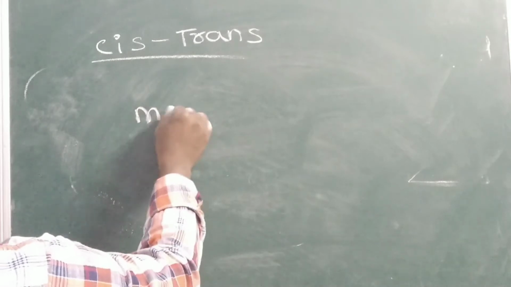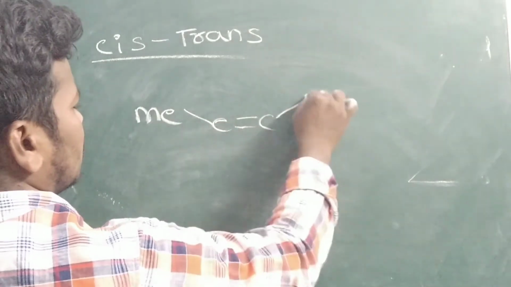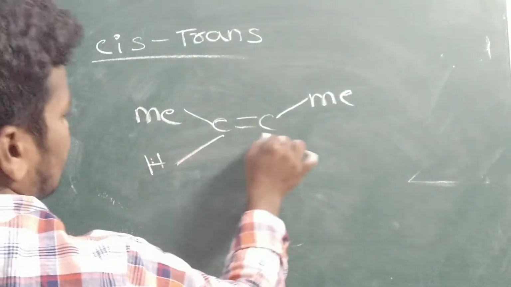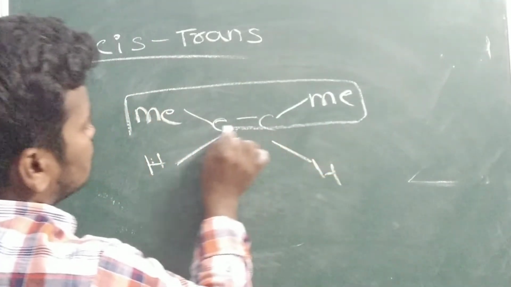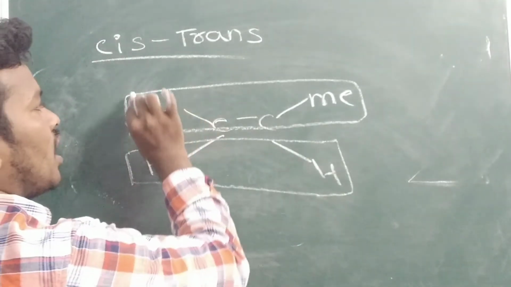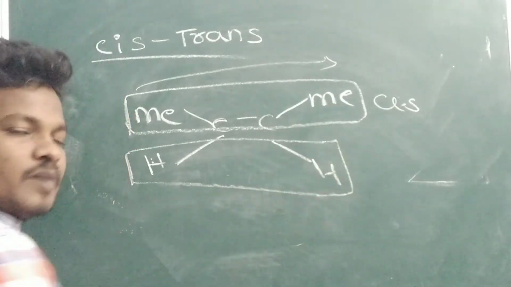So you can see methyl, carbon to carbon, methyl. Any one side it is exhibited, hydrogen, hydrogen. So same side. Now we have to see like this, same side it is exhibited. Up horizontally, cis is presented.